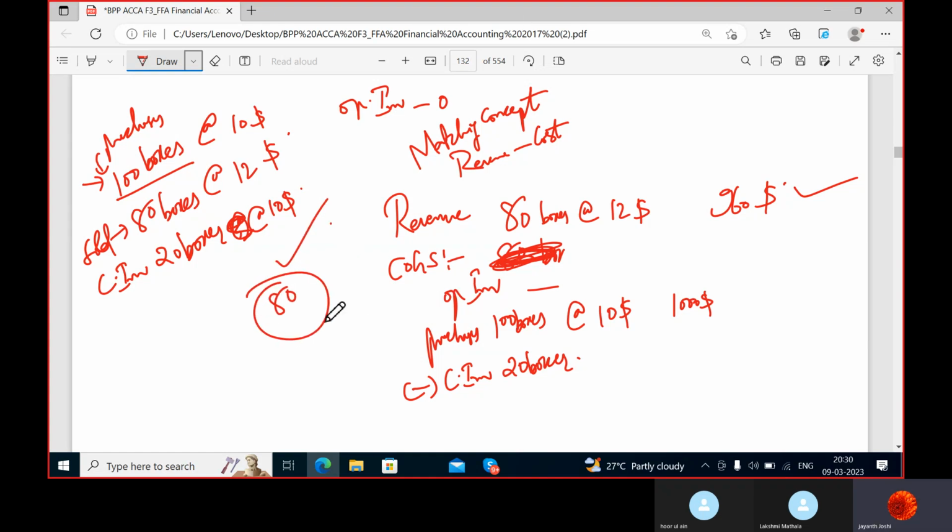So I sold 80, and the revenue of 80, which is $960, I'll compare with the cost of 80 boxes. To get those 80 boxes, I have to remove the 20 unsold boxes at the rate of $10, so $200. That gives me the cost for 80 boxes, which is $800. So I'll put it here.